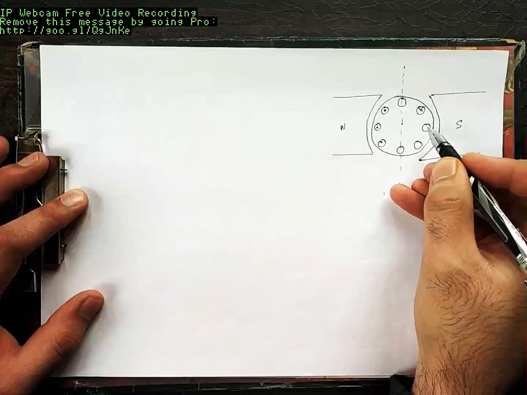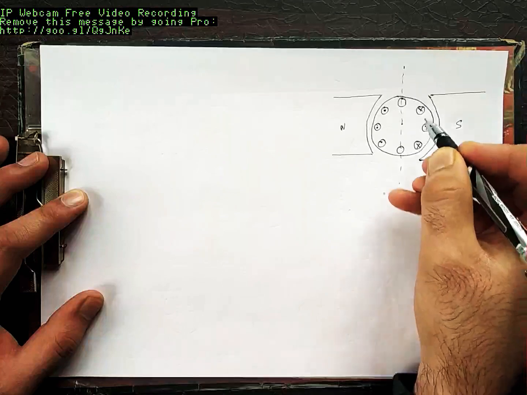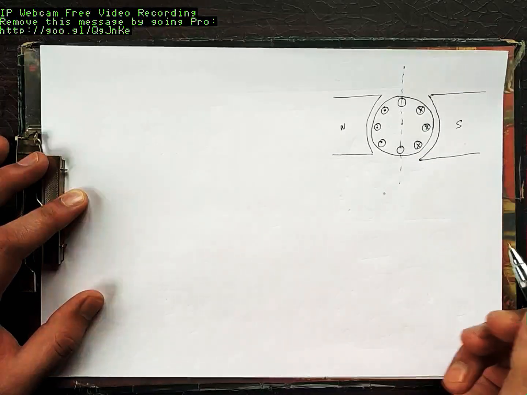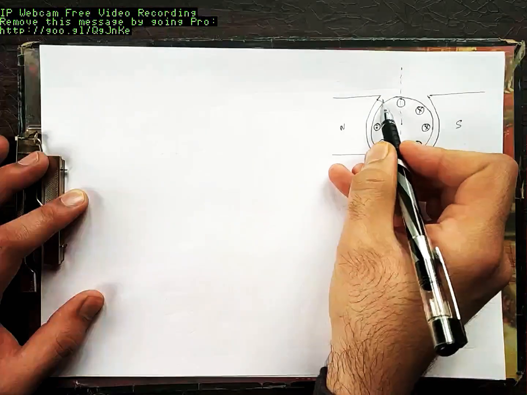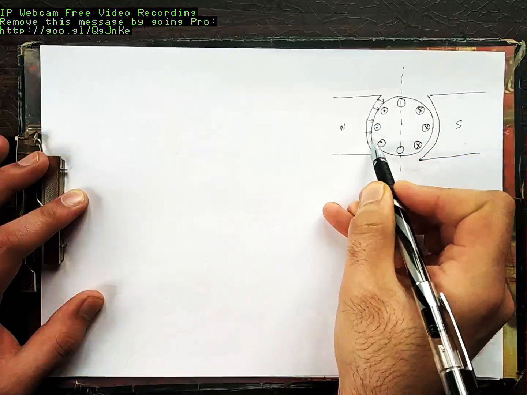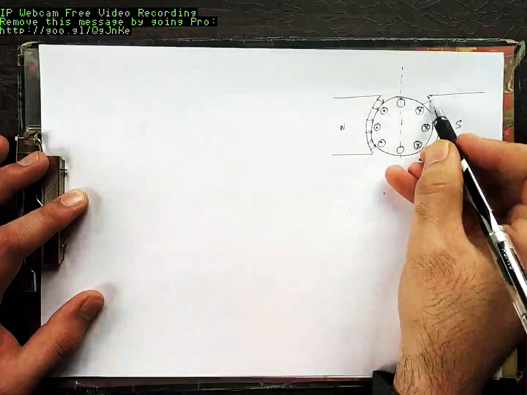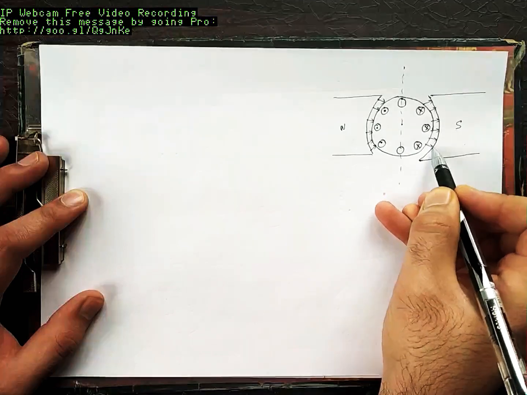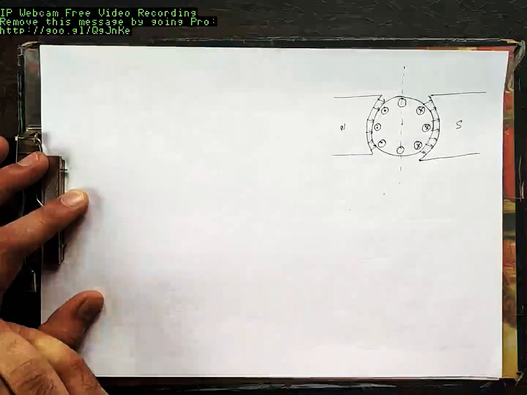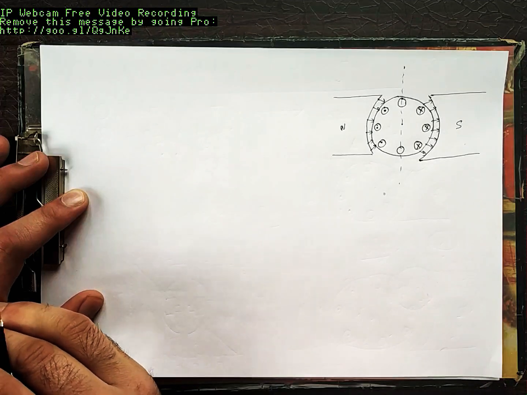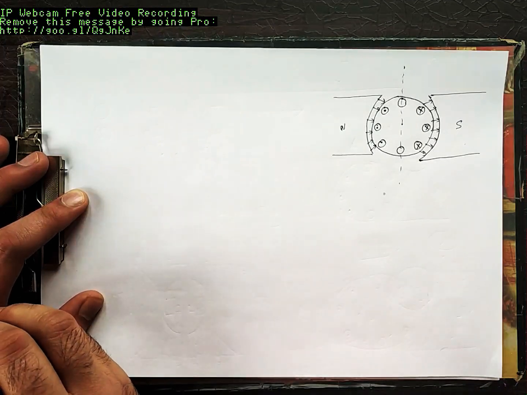This is cross, this is cross, this is cross. We already know we have a magnetic field here, which is the main magnetic field. And we have a magnetic field because of the armature.